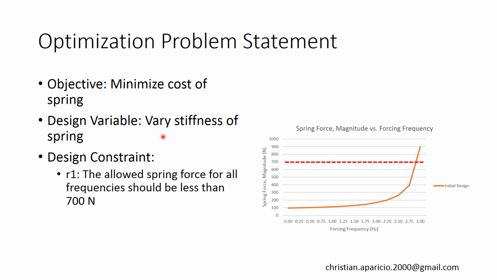We'll allow the stiffness of the spring to vary, and this will be our design variable. And our design constraint: for all the forcing frequencies, we want to make sure that at no forcing frequency should the spring force be more than 700 newtons.